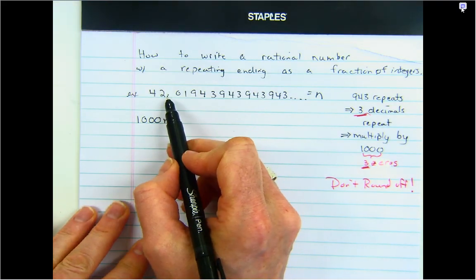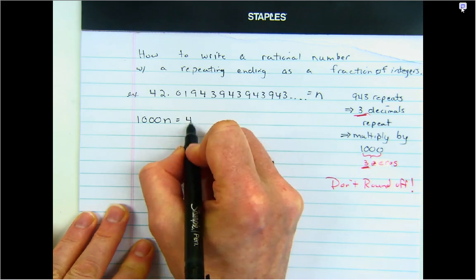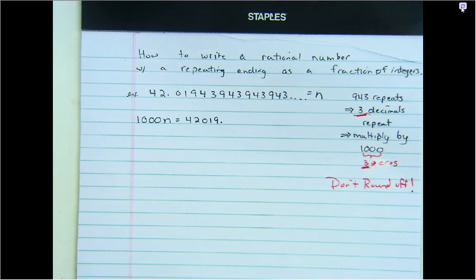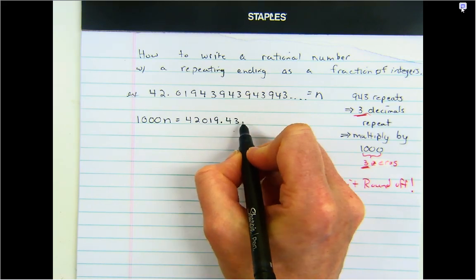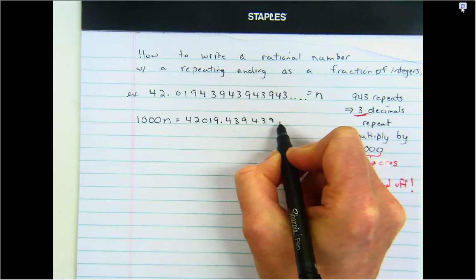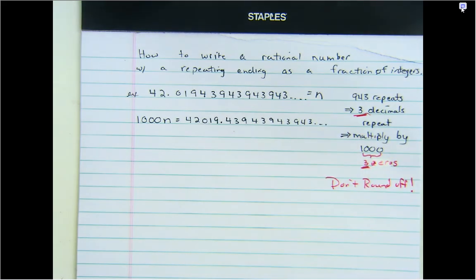If you're doing it by hand, you can move your decimal 3 places to the right. So 42019 decimal place 439439439443, and you can write out as many 943s as you want after you get your pattern going.